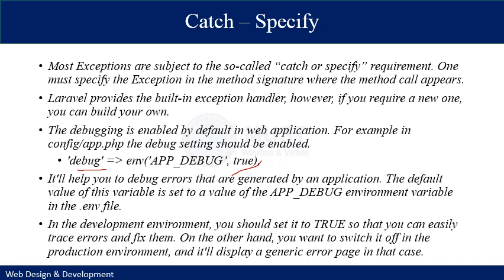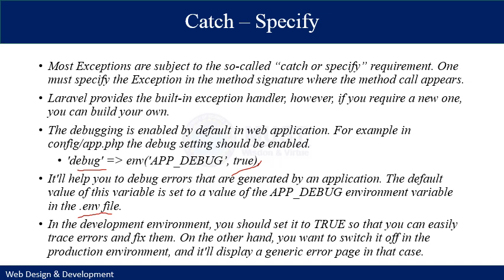The default value is set from the app debug environment variable in the environment file as well. If you are in the development environment, you should set it to true so that you can easily trace the errors and fix them. On the other hand, you want to switch it off in the production environment.